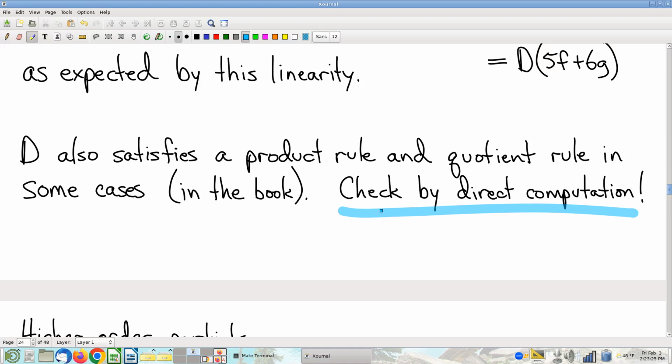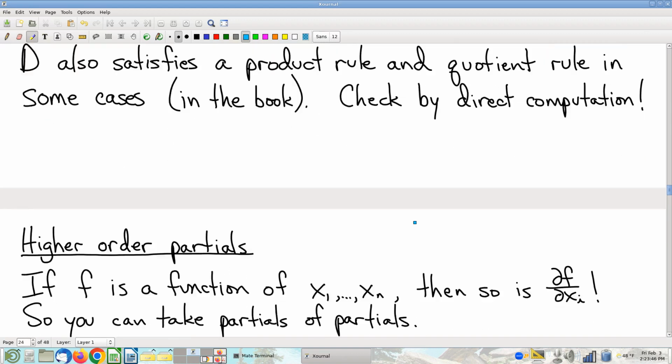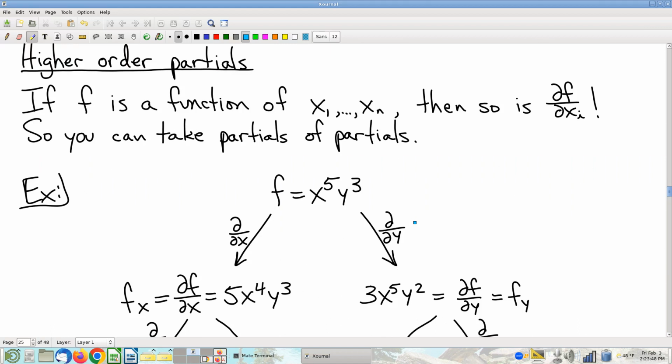But easily confirmed, and again in the book. And so I'm not going to spend class time on it. Math 219 moves so fast. I have to make tough choices, and this didn't make the cut for class time. But I emphasize this is fair game, so make sure to read that part of the textbook. And I'm going to move on now and talk about higher order partials.